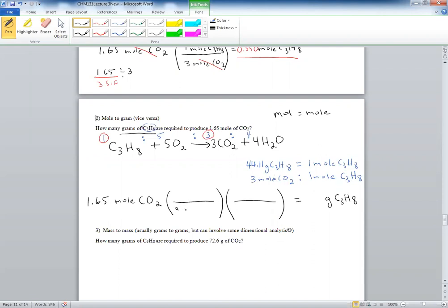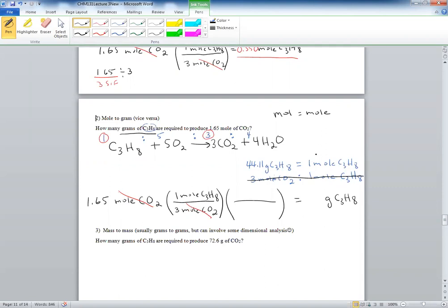So I have 3 moles of CO2 to 1 mole of C3H8. The unit cancels out. So I use the ratio first. What I like to do is cross it off so I don't have to use it again.